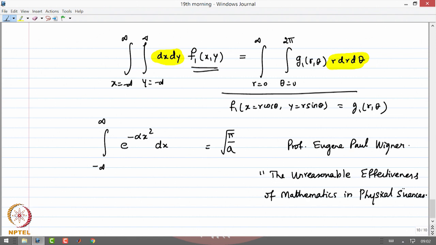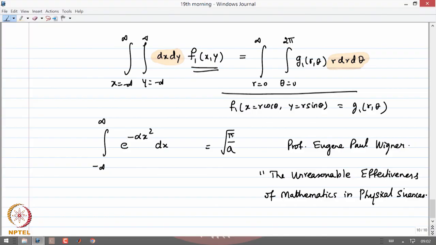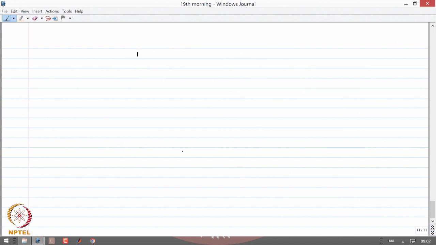I suggest every one of you pull this article from the internet and read the first paragraph, on how the pi in a probability distribution, the ratio of the circumference of the circle to its diameter, is connected to the population distribution. It is a very beautifully written article. Okay.